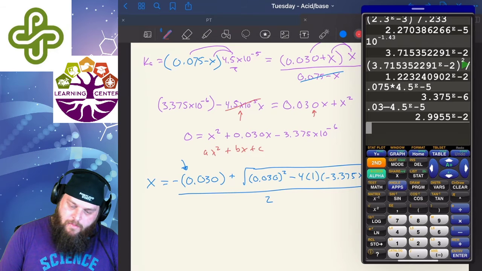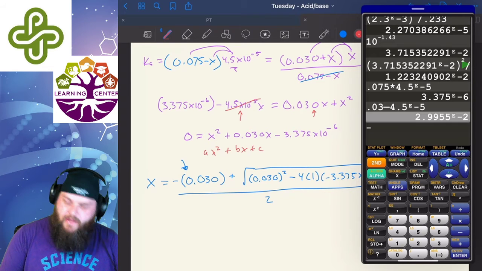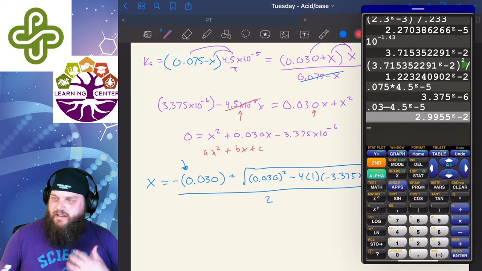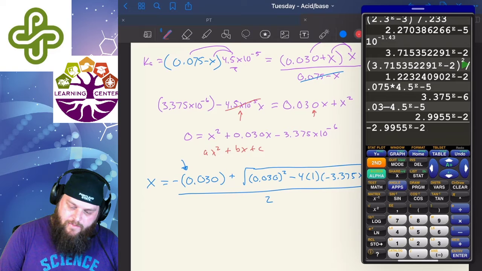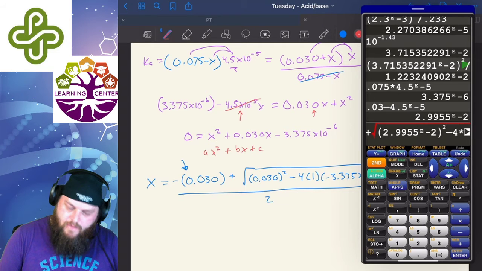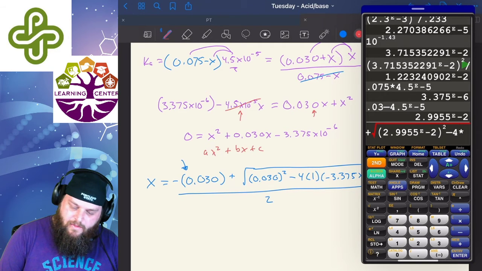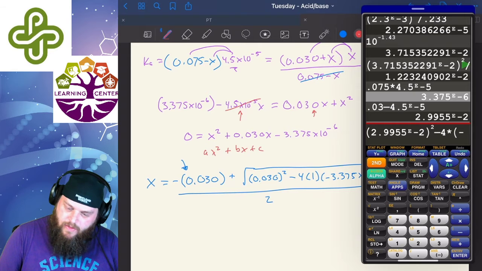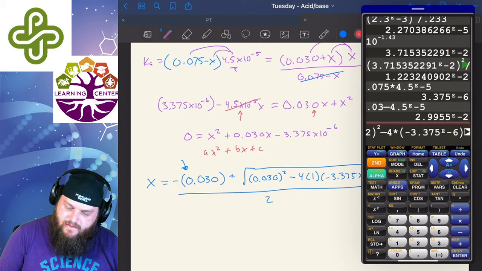So plugging this into the calculator, I'm going to have negative b. I calculated that b. I'm going to use that so I don't have a big rounding error, even though it does kind of get lost in sig figs. Negative b plus the square root of, I'll put parentheses, put my b value in there, squared minus 4 times 1, which is just going to be the same. I'll leave that out. So times, put parentheses, a negative 3.375 times 10 to the negative 6.